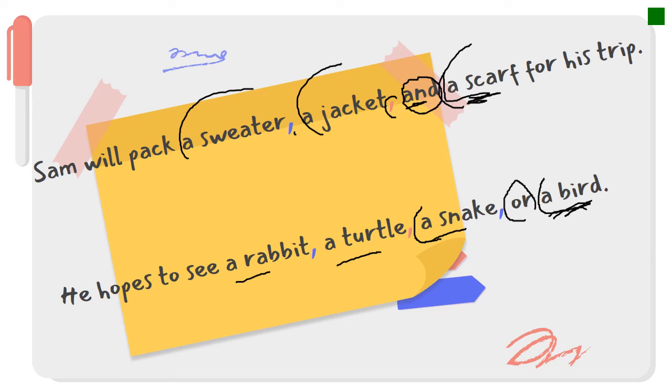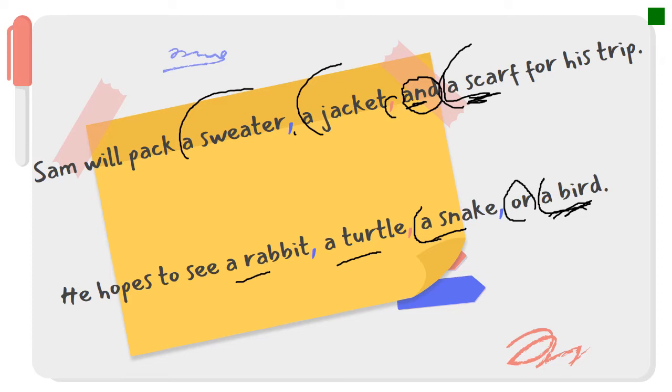In the first sentence we have: Sam will pack a sweater, a jacket, and a scarf for his trip. The words in the series in this sentence are the word sweater, the word jacket, and scarf.